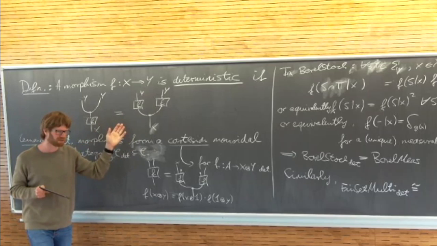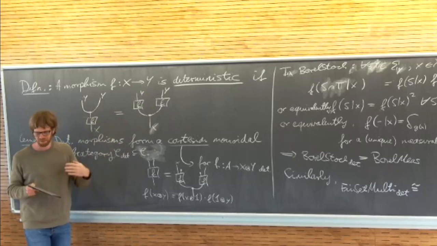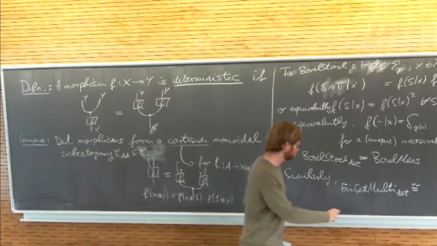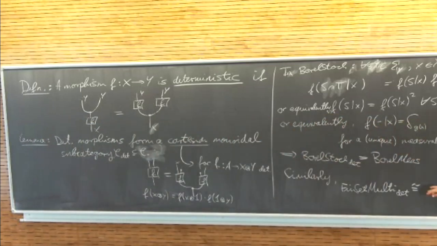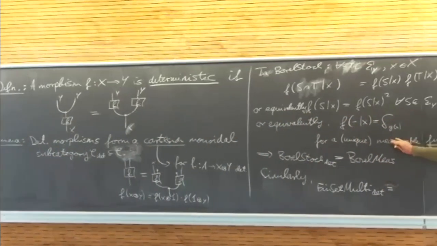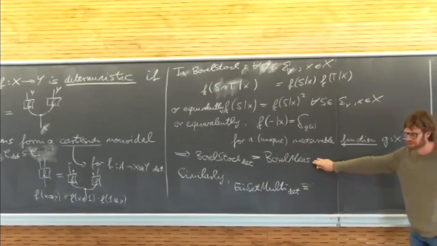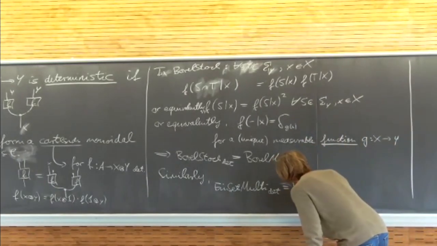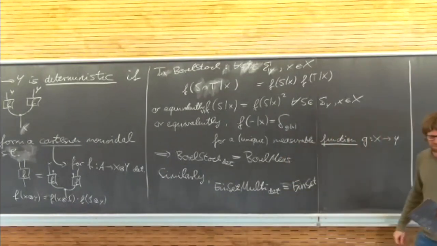That's how this equation enforces single-valuedness. So thin-set multi, the deterministic subcategory, if we make the same abuse of notation, is literally equal to the category of finite sets and just maps, functions.